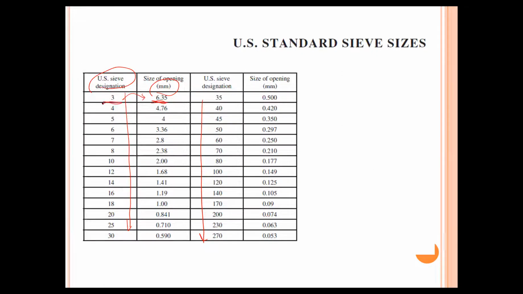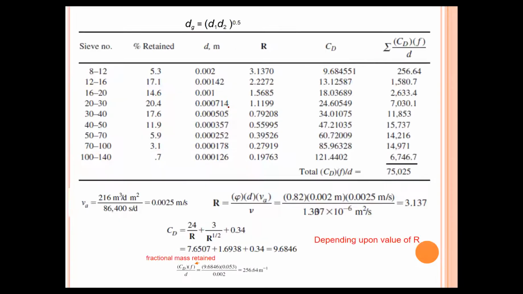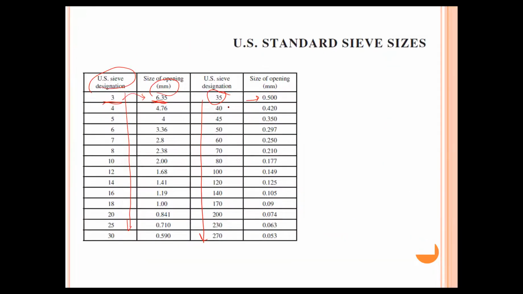So this sieve, if sieve number 3 has 6.33 millimeter opening, sieve number 35 has 0.5 millimeter, and so on. This information is given in the previous example. This is a standard US sieve designation or sieve size.